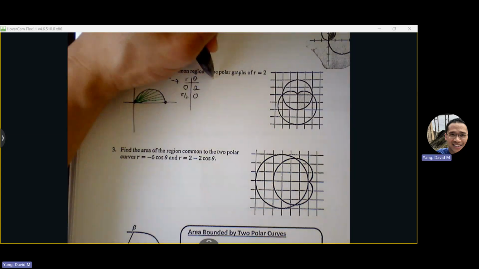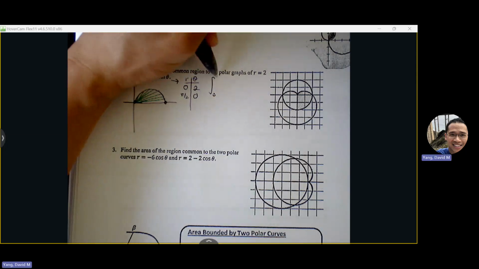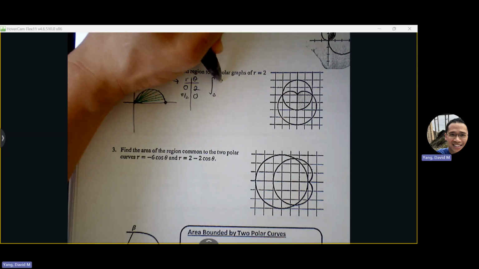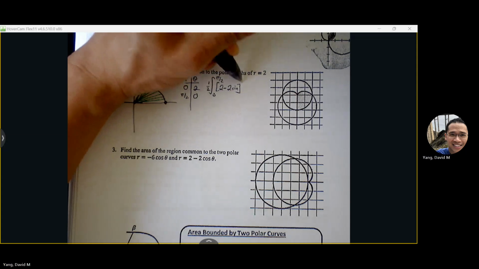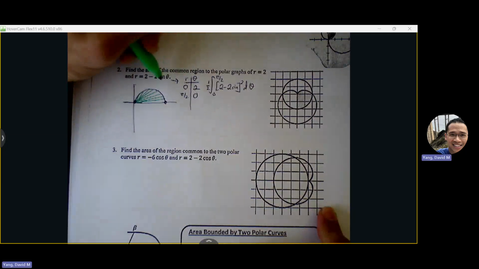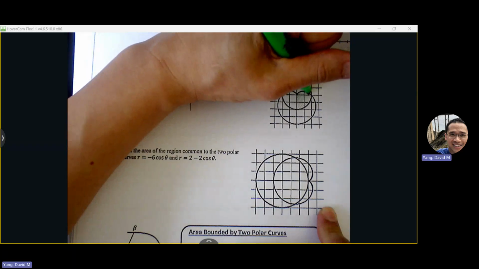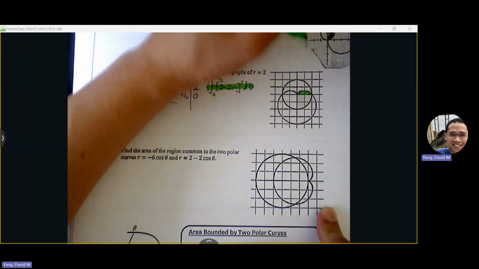So we have an integral that we can represent with that region there: from 0 to pi over 2 of one half times 2 minus 2 sine theta, squared, d theta. This region is only taking care of this little portion there.